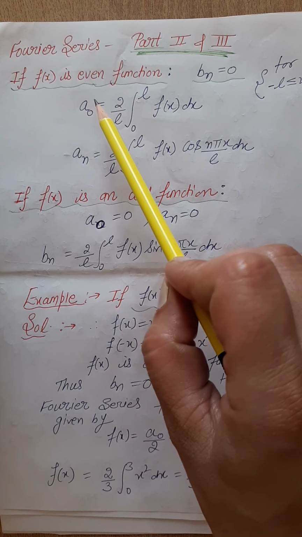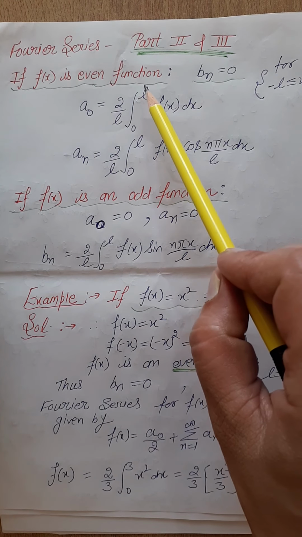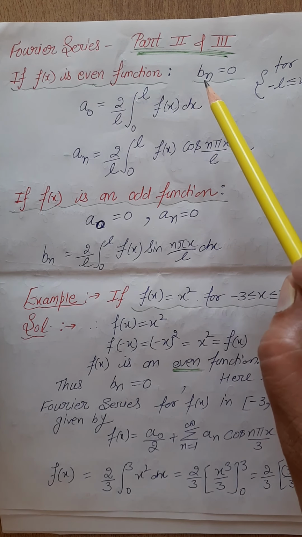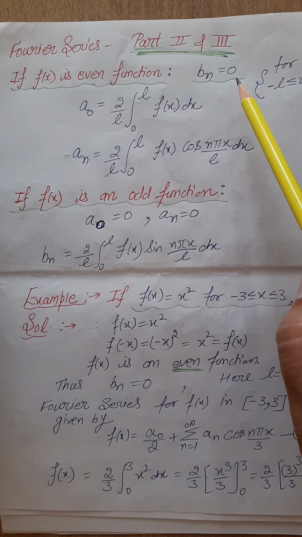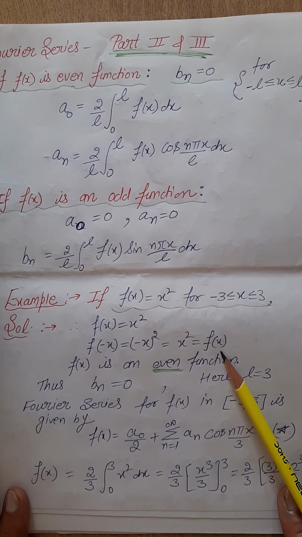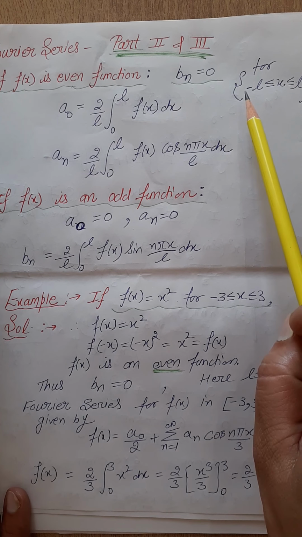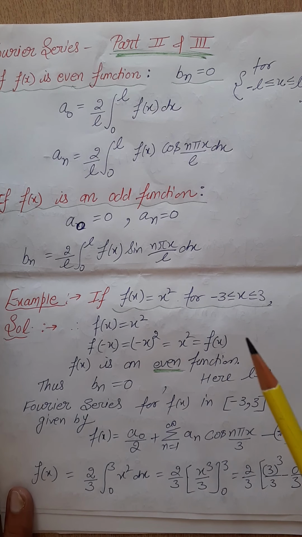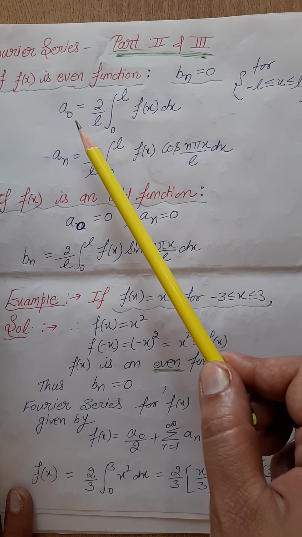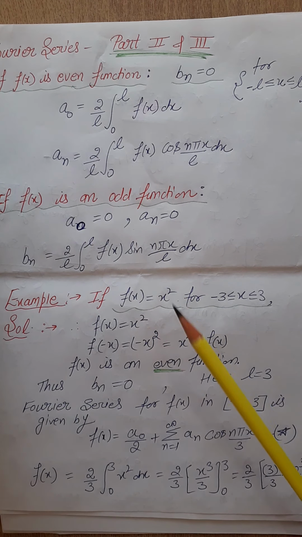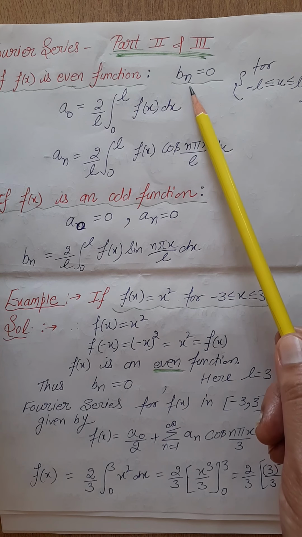If f(x) is an even function in a Fourier series, then we take Bn equal to 0. For this series, if we are given the interval minus L to L, then we apply the formula of A naught and An. We need not find the value of Bn.